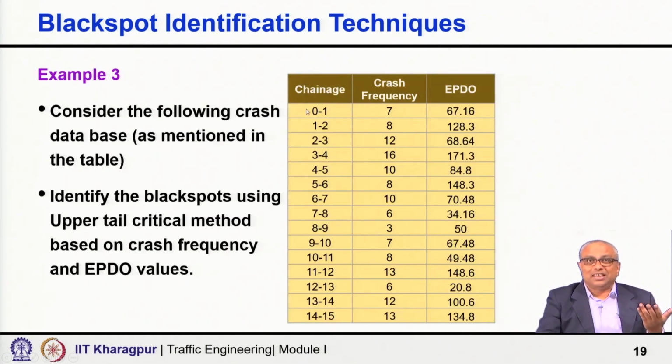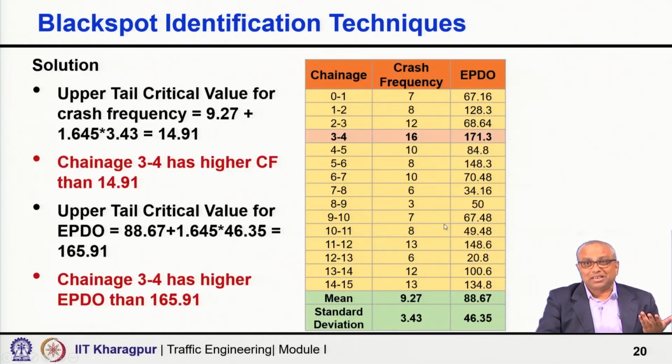So, if I take an example, suppose the chain edges and the crash frequency and EPDO values are known, and I want to use the upper tail critical test method. So, simply I am calculating the mean and standard deviation for crash frequency and also for the EPDO column, and then I am calculating the upper tail critical value for crash frequency: mean is 9.27, standard deviation is 3.43.